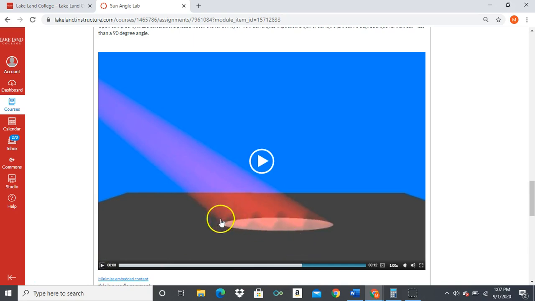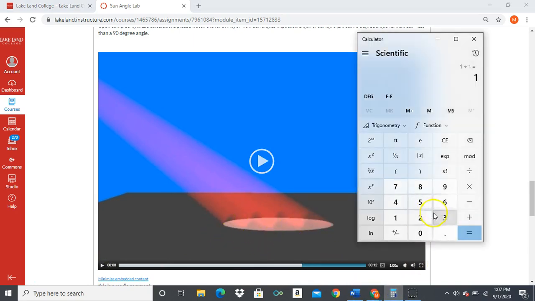There's a 30-degree sun angle, and notice how much greater that angle is. And if I came here this time and went 30 degrees, and I used a trigonometry function, and I took the sine function, I got 0.5. If I took 1 and divided by 0.5 now, I would get the number 2.